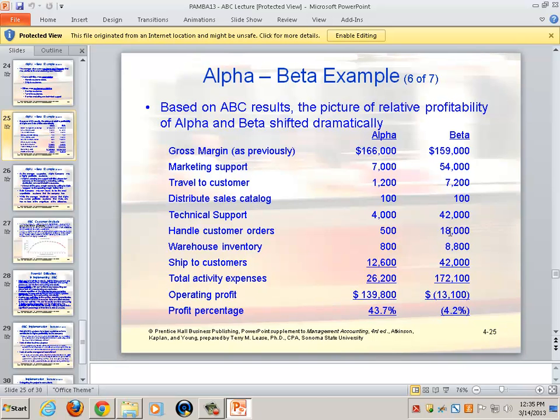So for order costs, eventually the bottom line was a humble customer with losses of 43%.